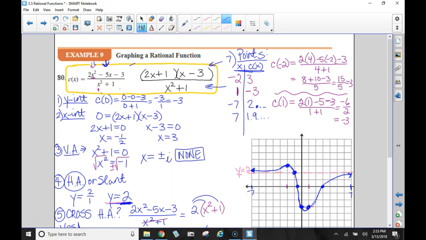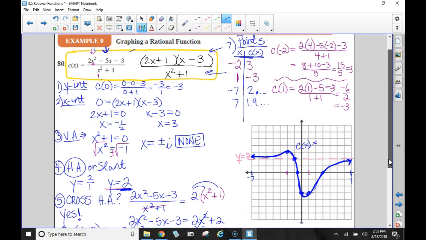All right, so you could do some more points if you wanted to. And so to draw a little better graph of our function, maybe along those lines, this is the graph of my c of x function, and you can write its equation if you would like.